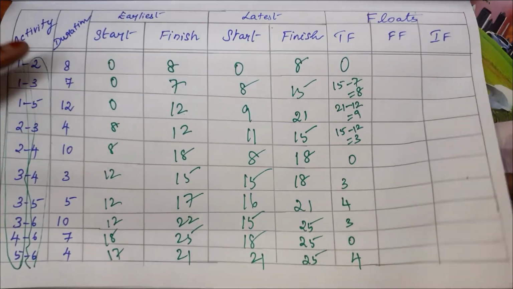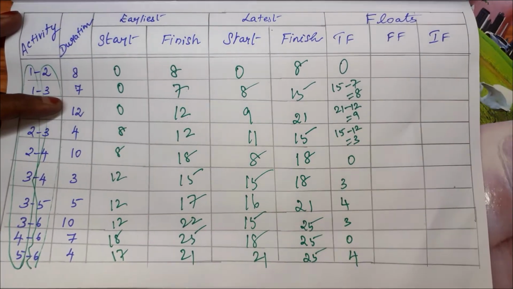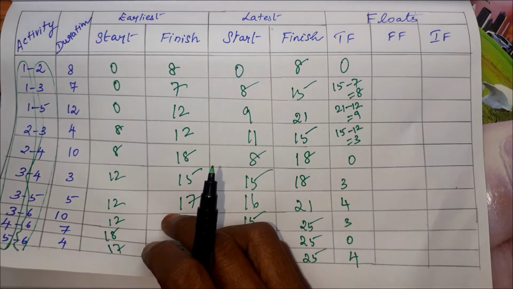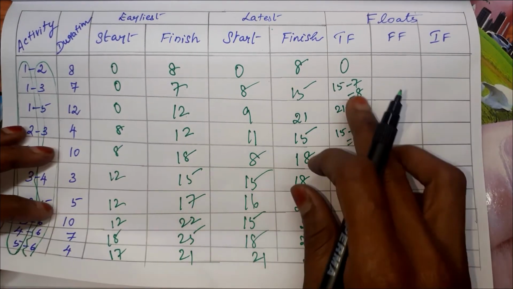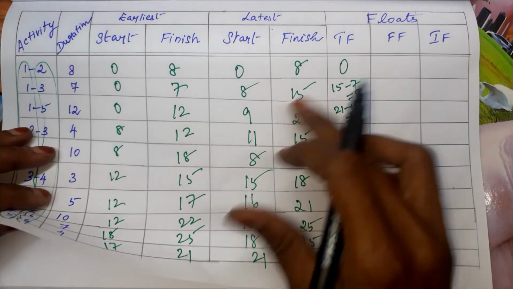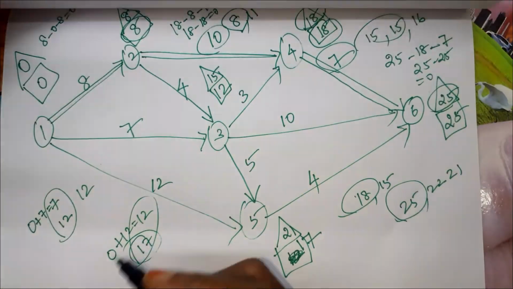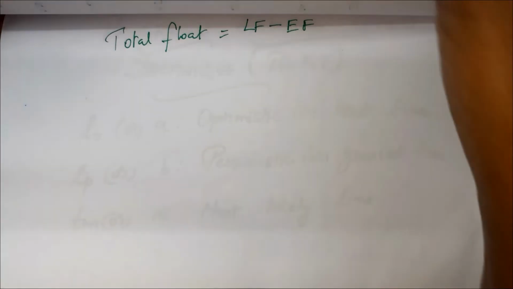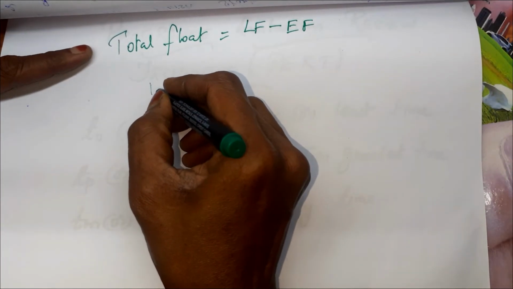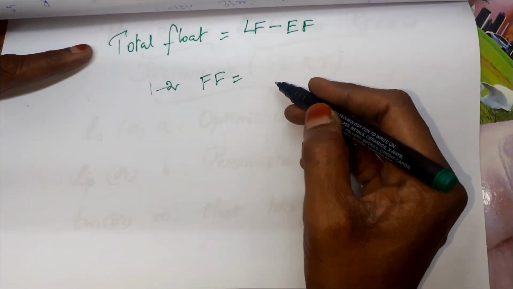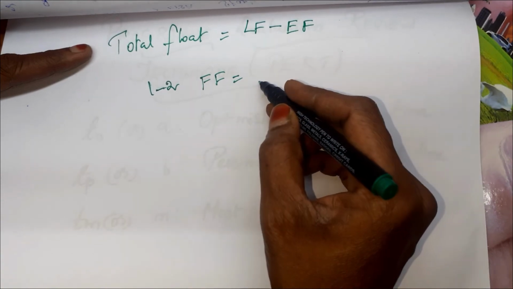Next, come to the next float, free float. For that, we are going to combine the table as well as the diagram. I will explain how to find the free float. For the activity 1, 2, I am going to calculate the free float. For 1, 2, what do we have as the total float?